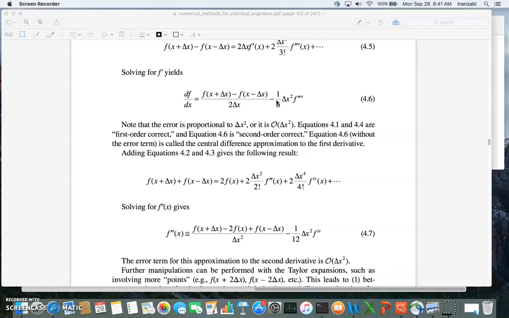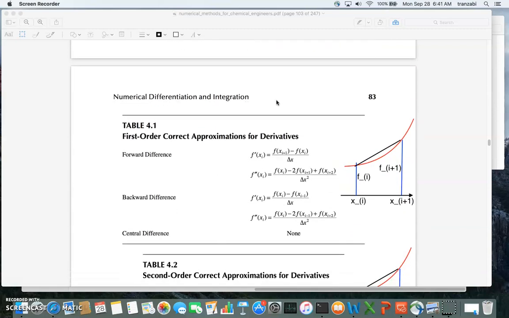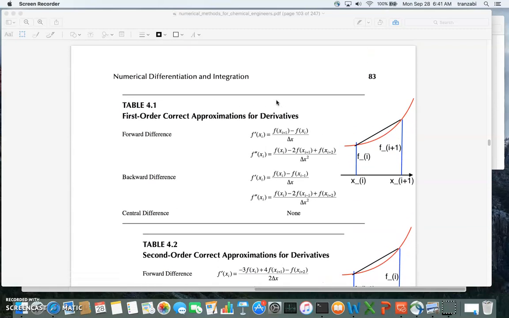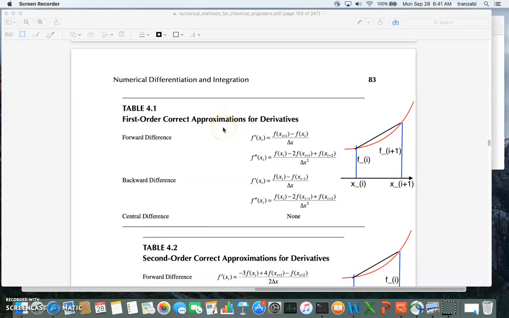All right, so let me actually go back to this table before I continue. So here's a table of calculating the first derivative. We saw this definition before. Now, instead of x plus del x, we're going to use x subindex i plus 1.